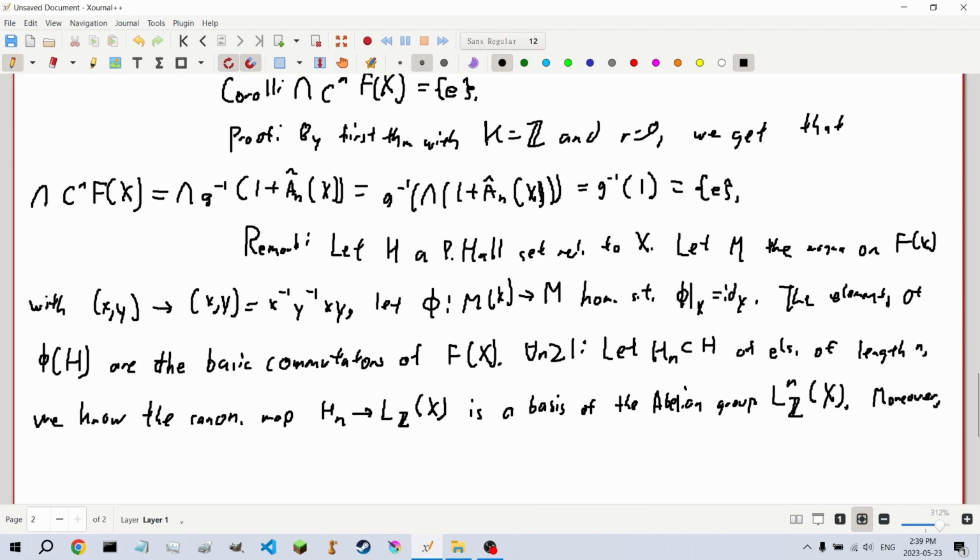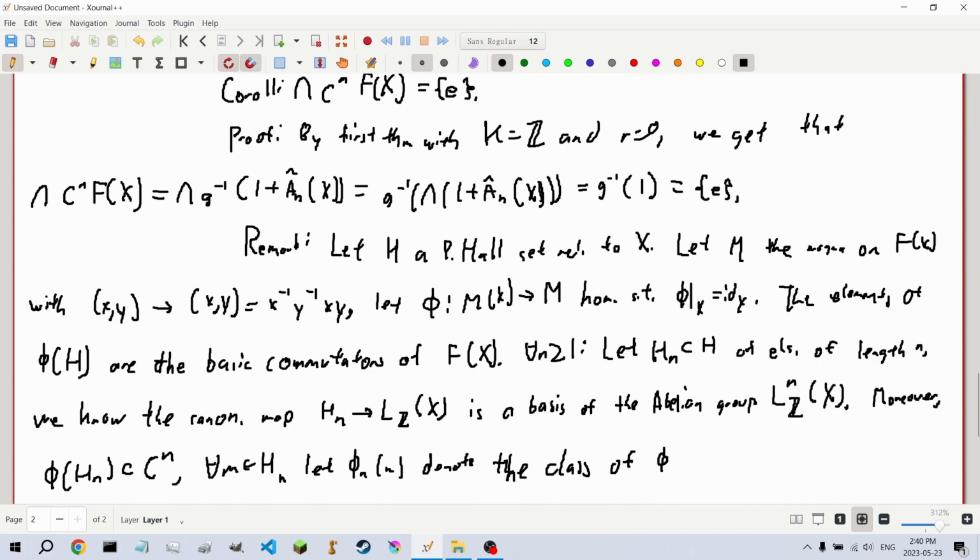Moreover, each phi of Hn is also within the nth lower central series of our X. So for all m in Hn, an n-long element of the Hall set, let phi n of m denote the class of phi of m modulo the n plus 1th central series.